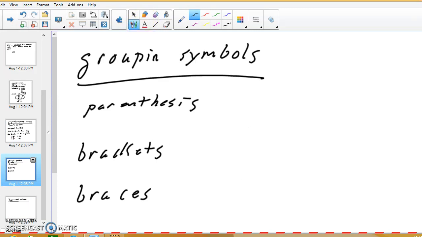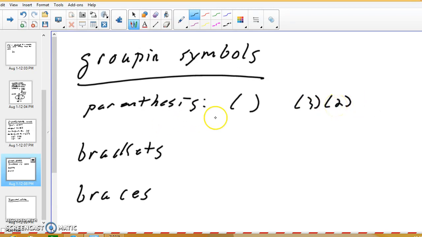The next thing we're going to talk about is grouping symbols, which is parentheses. So like I mentioned earlier, parentheses, it's the same thing as what you would use in writing in English class. It's just putting parentheses around something, and so that could be used for if you're saying 3 times 2, just parentheses.